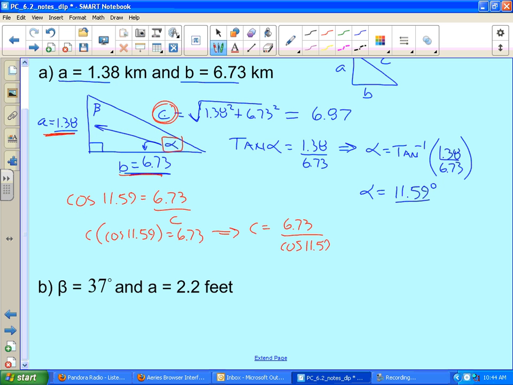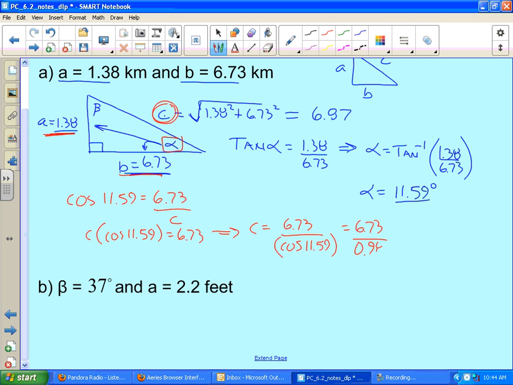All right, so what I would probably do is I would do this in parts. I would find out what is the cosine of 11.59. So go ahead and do that for me. What's the cosine of 11.59? 0.98.